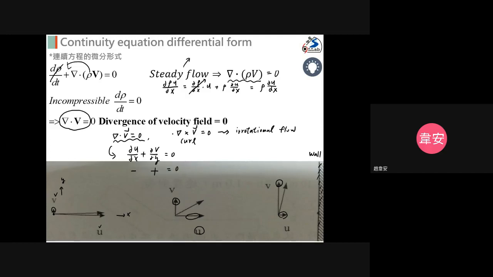So the divergence operator of the velocity field can describe the velocity field, which is very useful. The velocity field needs to satisfy the divergence theorem here. And the curl operator can tell us whether the flow is rotational or not.